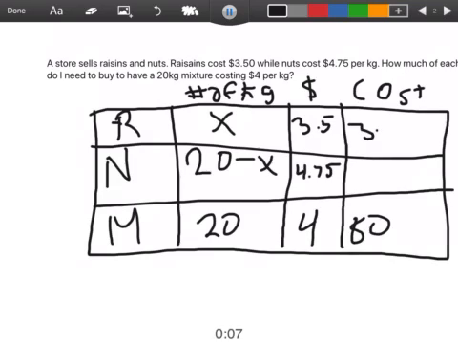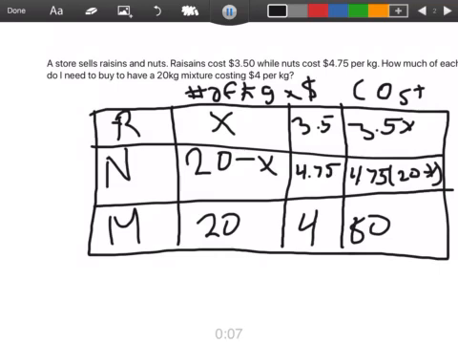So 3.5x and 4.75 times 20 minus x. We multiply these. Sorry, it's a little unclear. Now we just need to add them.